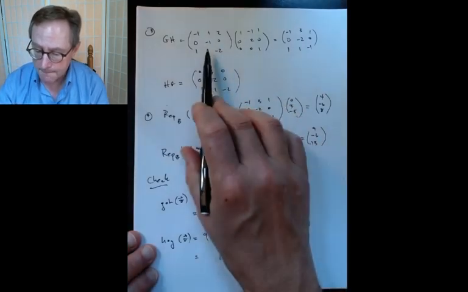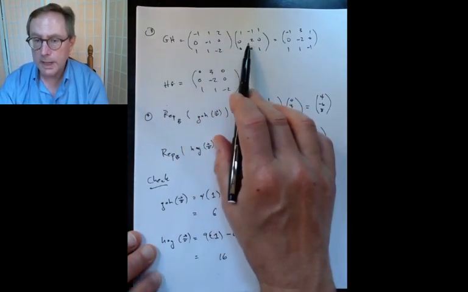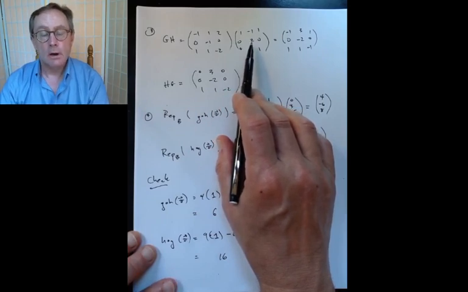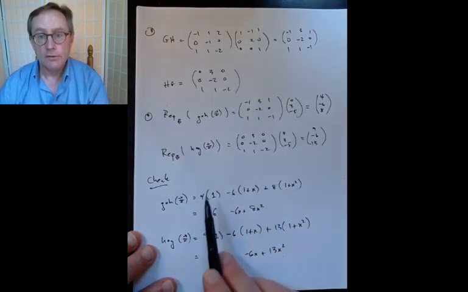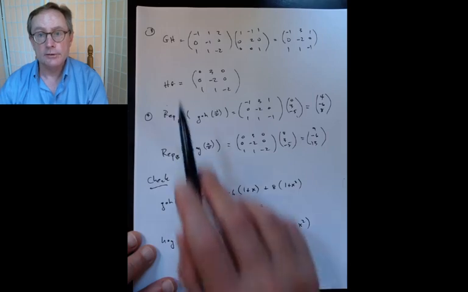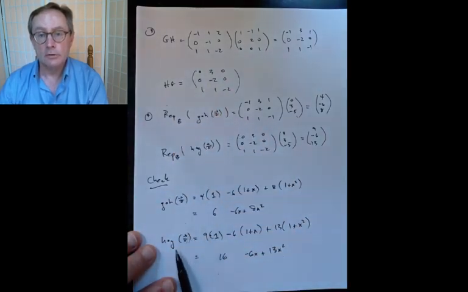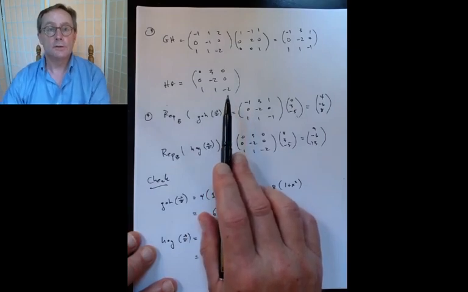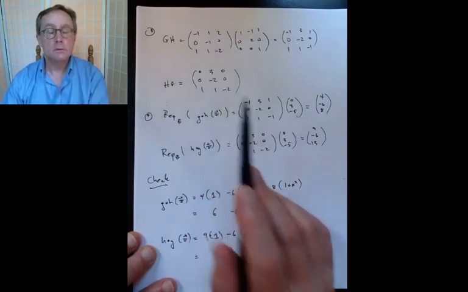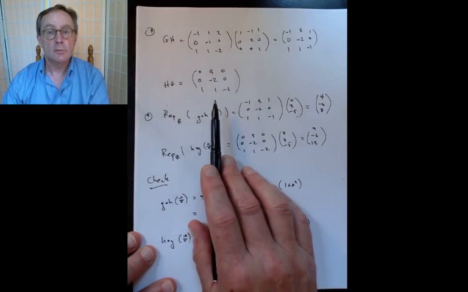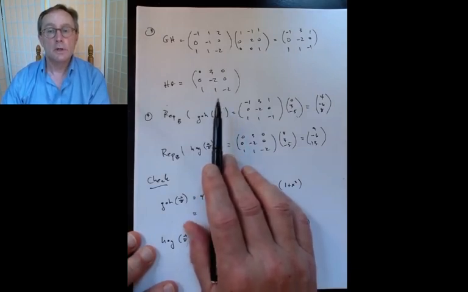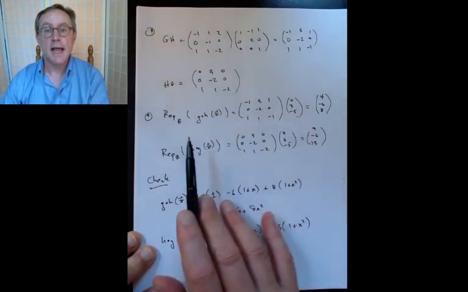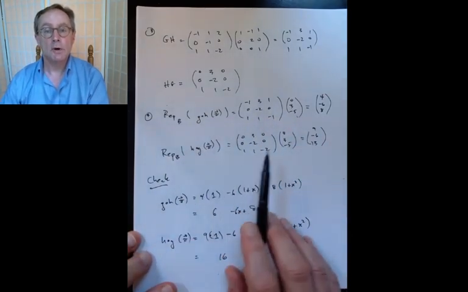So the matrix multiplication computes the action of the function composition, the G circle H in this case, or the H circle G in this case. Matrix multiplication works the way it works, not cockamamie, sensible, because this is supposed to happen. That's exactly why we made the parts of the matrices combine.